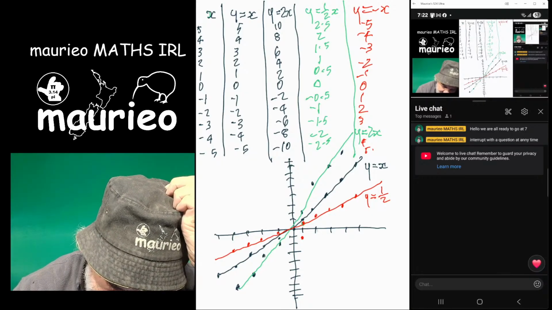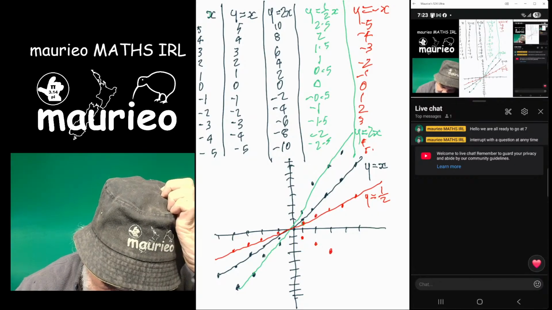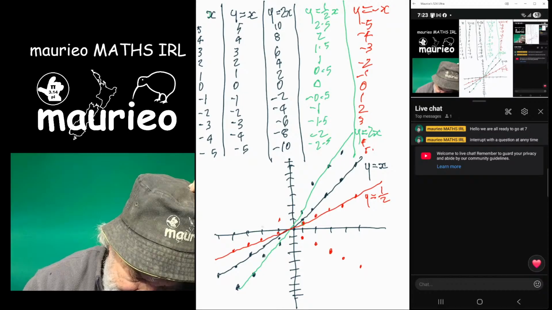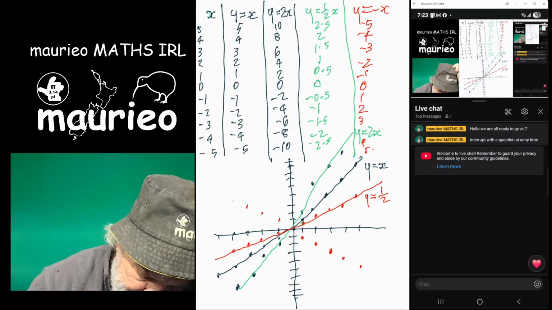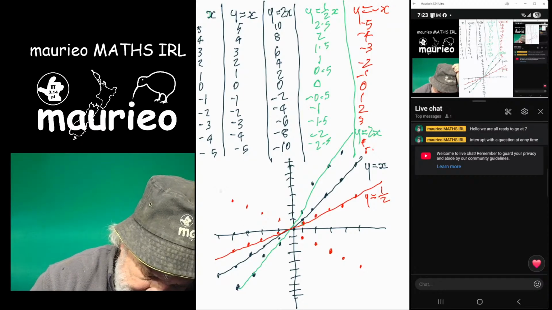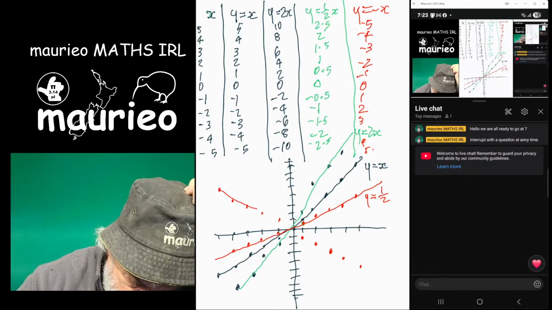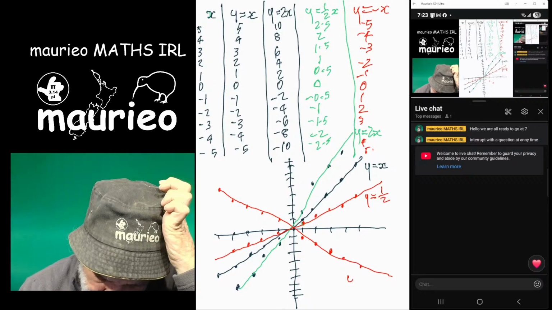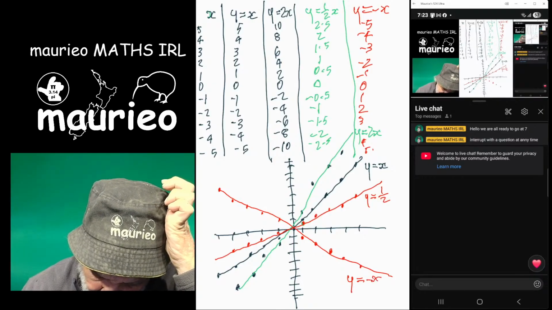Negative 1 will be 1, negative 2 will be 2, negative 3 will be 3, negative 4, and like so. And so we get this graph down here, which is y equals negative x.